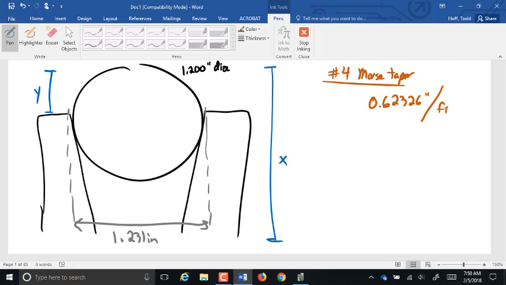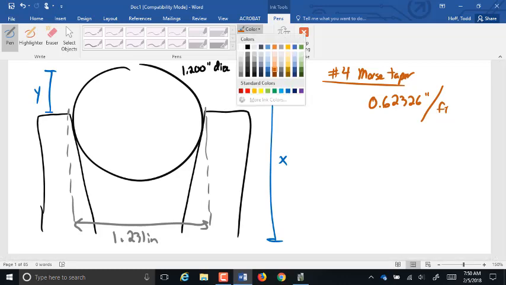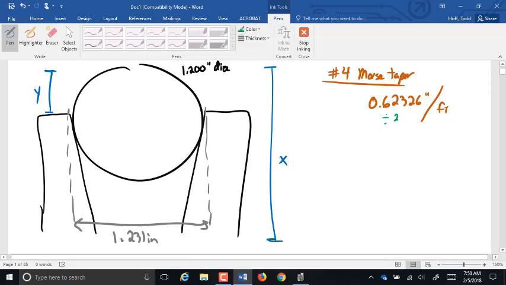Now I can change that into an aspect ratio if I wanted to. I could divide this by 2 to get 0.31163 inches in 12 inches. Aspect ratio like that.